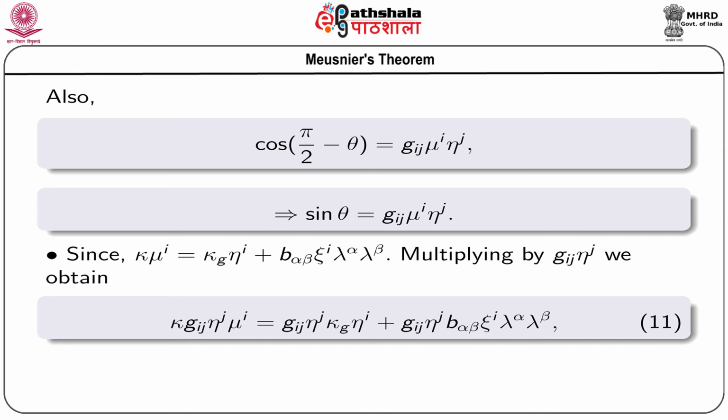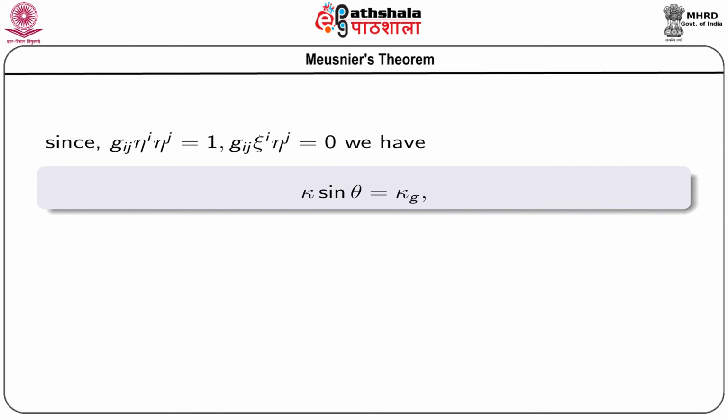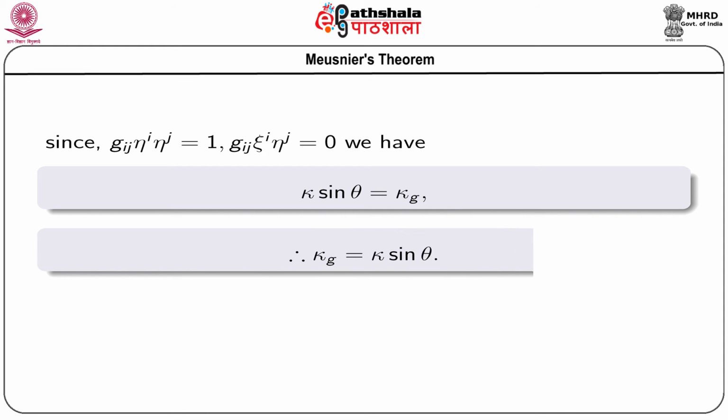So, as in the previous discussion, g_ij eta^i eta^j equals 1 and g_ij xi^i eta^j equals 0. So, we have kappa sin theta equals kappa_g. That means the geodesic curvature of a surface is nothing but kappa sin theta. So, equation number 12 is kappa_g equals kappa sin theta.